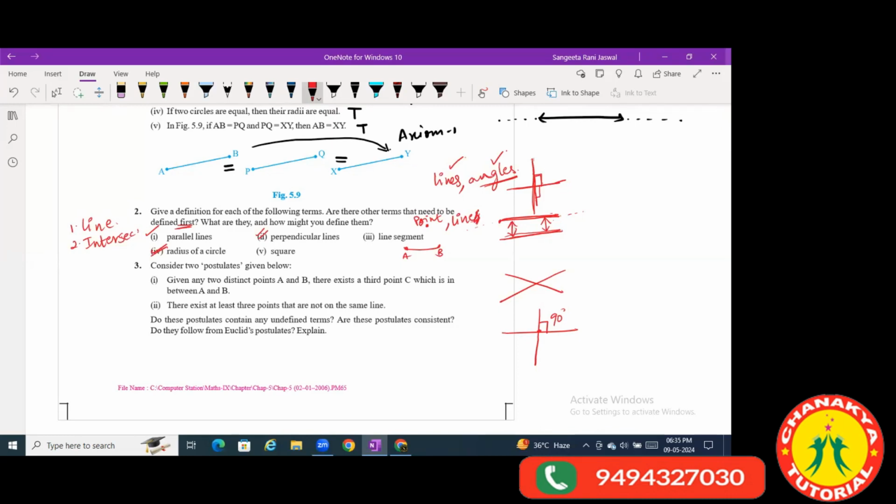A radius is a measurement with which a circle is constructed. Written, a radius is a measurement with which a circle is constructed.